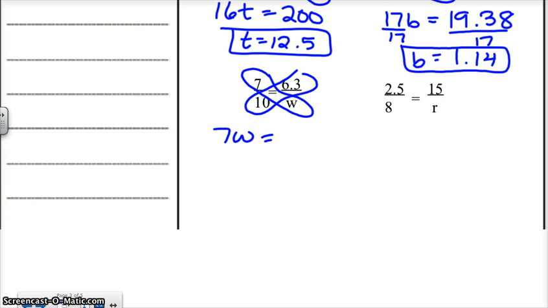I know right away that would be 63, because anytime you multiply by 10, you're moving a decimal one spot to the right. Now dividing through by 7, W is equal to 9.